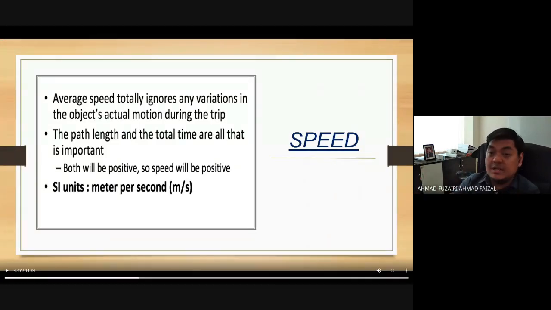But in this chapter it is very important to define what is speed and what is velocity, because it is all due to direction. Velocity involves direction, while speed doesn't involve any direction.